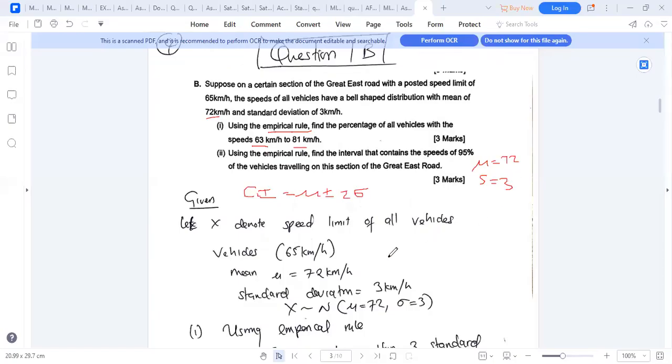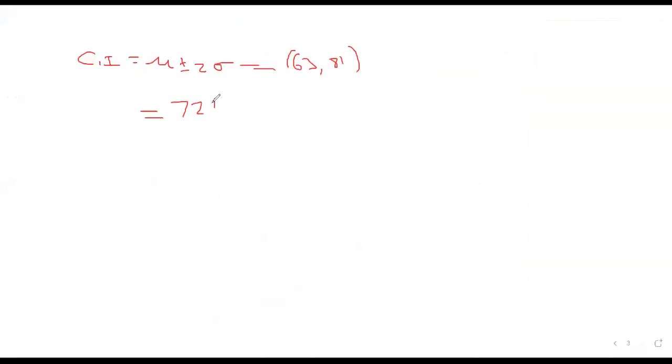63 and 81. So confidence interval is equal to mu plus minus z, which is equal to 63 and 81. So mu in this case is 72 and standard deviation is 3. 72 plus minus z is what we're looking for.